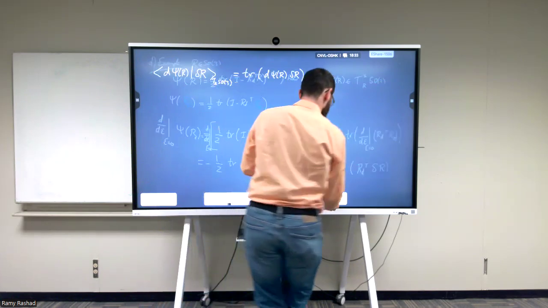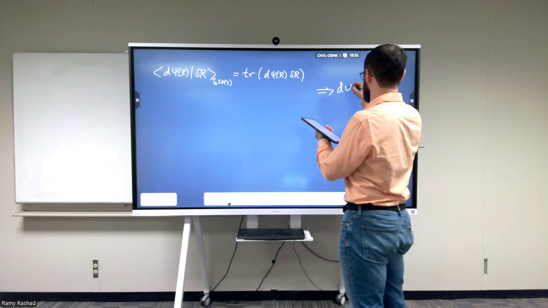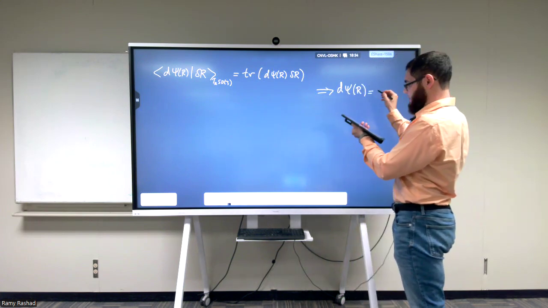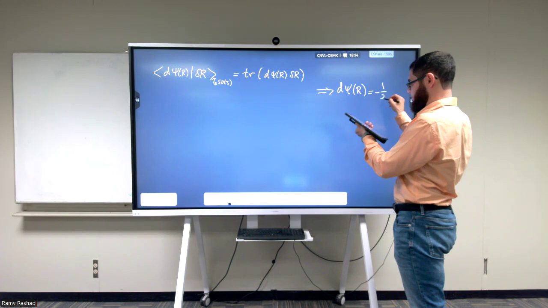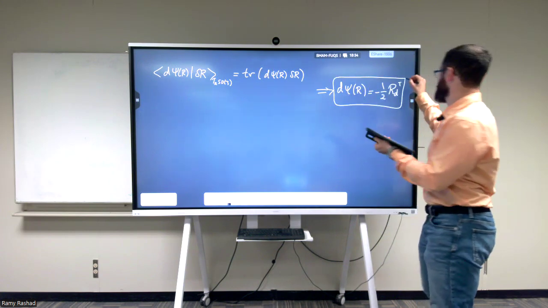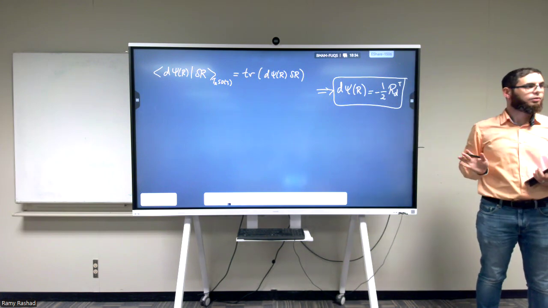You can show straightforwardly that the differential of psi at the point R is nothing else than minus half RD transpose. To be continued, inshallah.